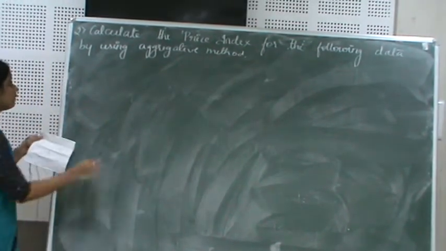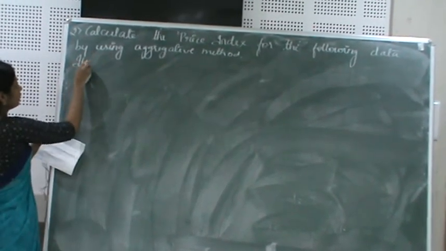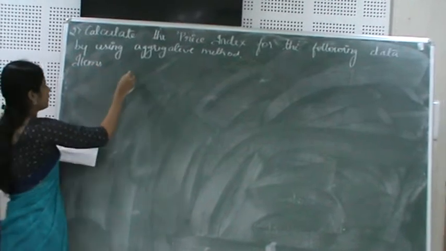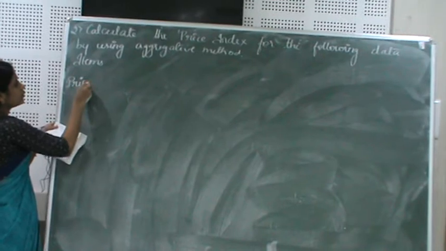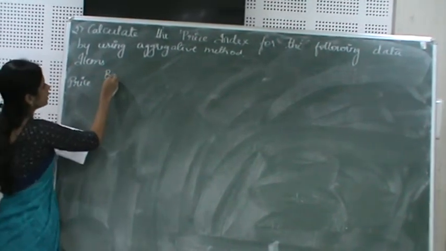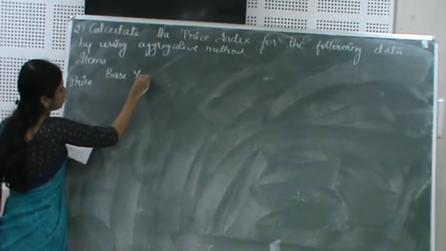They have given the items, and then we are provided with the values of prices in base year as well as current year.